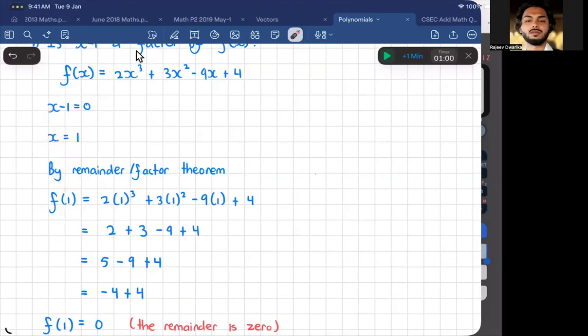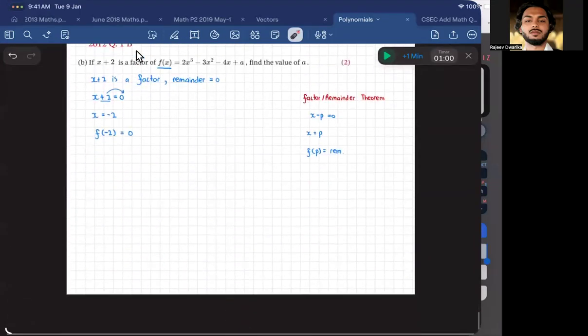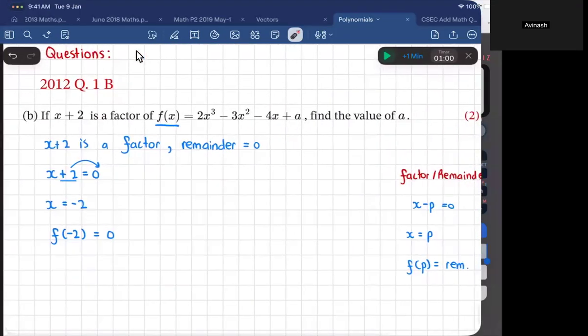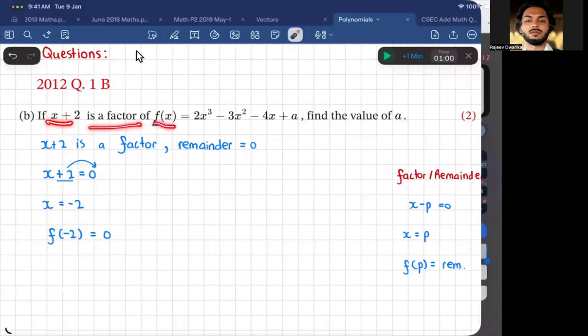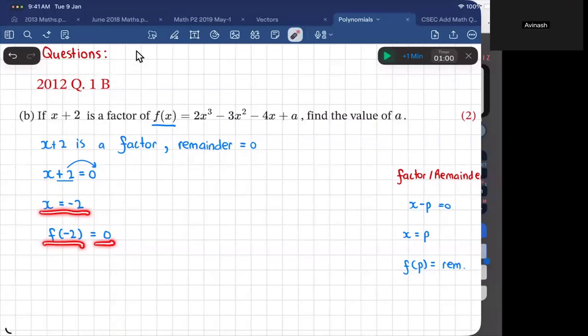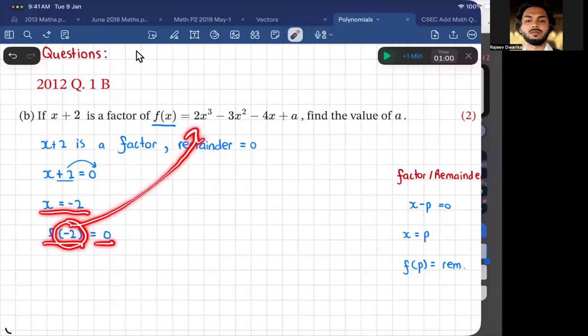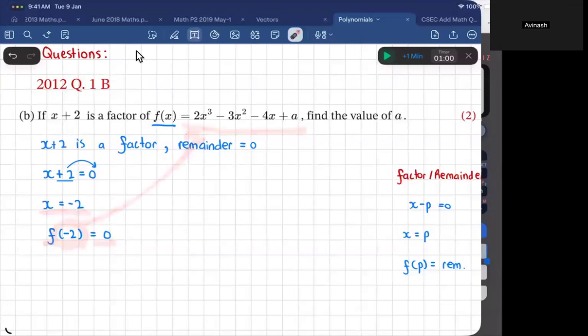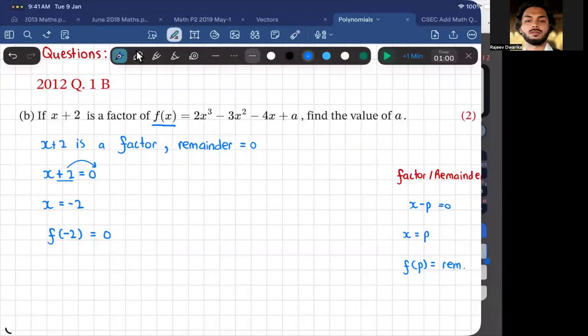If it's a factor, the remainder is 0. So they're saying that x plus 2 is a factor of f of x. That means when x is equal to -2, f of -2 has to be equal to 0. Let's test that theory.